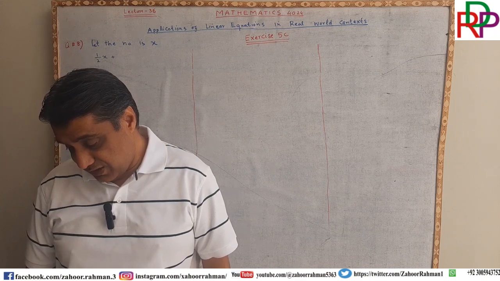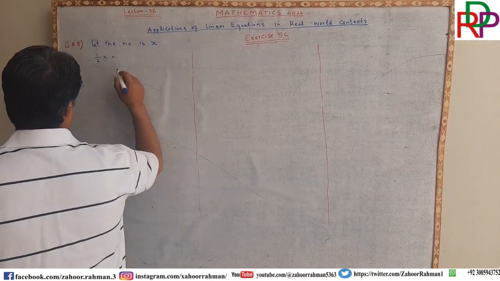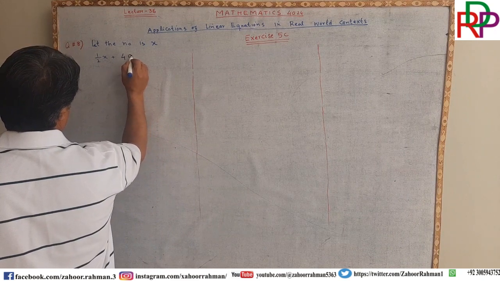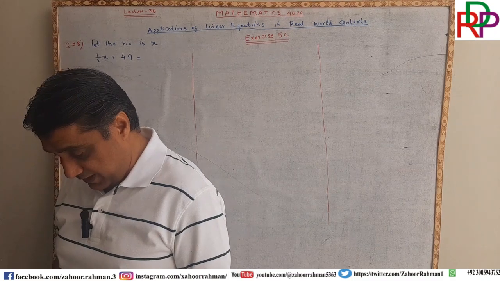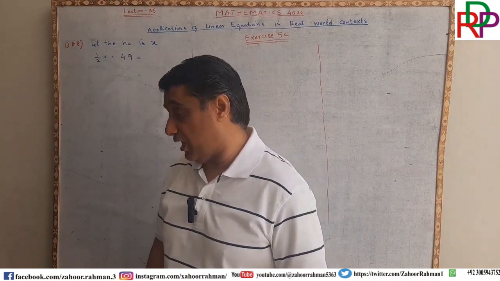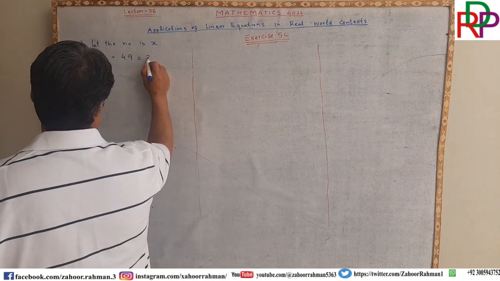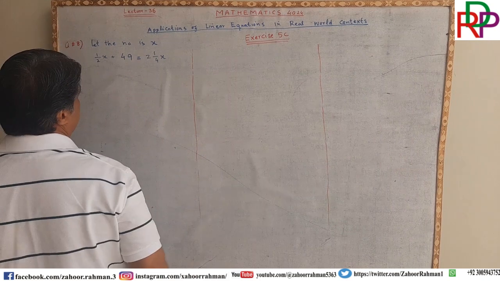And they said the sum of a number and 49 is equal to 2 whole 1 over 4 of the number.